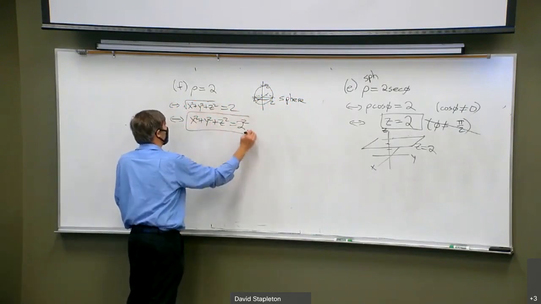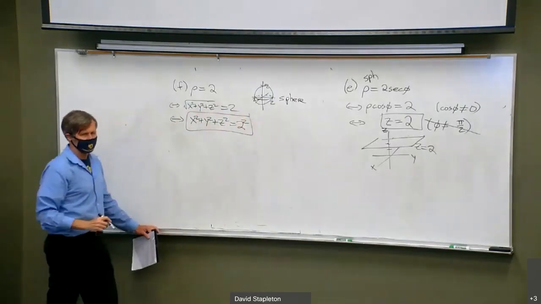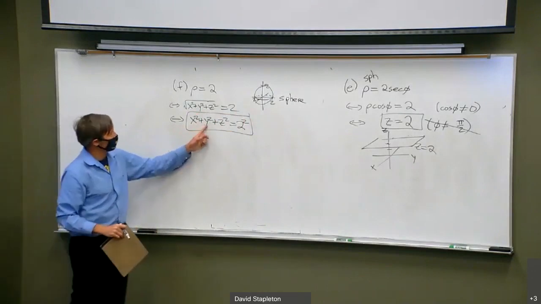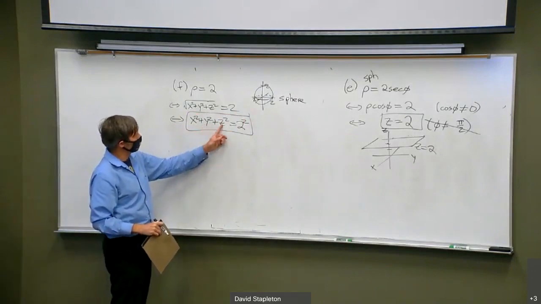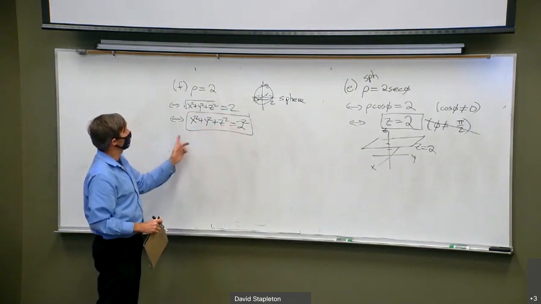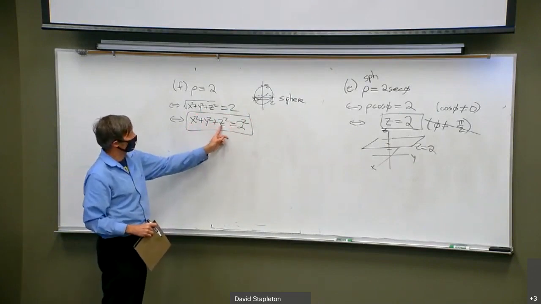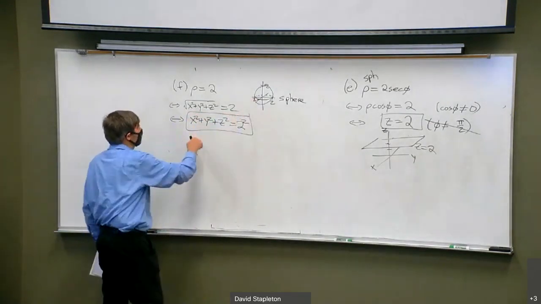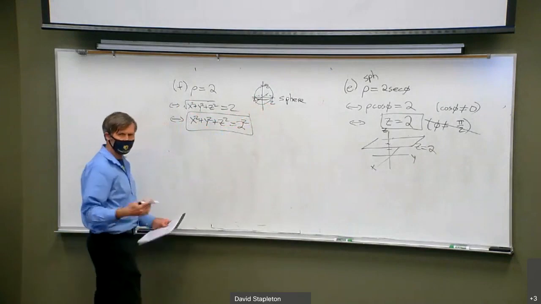The standard equation for a sphere. Remember we did spheres a while back. X minus x0 squared plus y minus y0 squared plus z minus z0 squared equals r squared is a sphere of radius r at x0, y0, z0. So this is a sphere at the origin of radius 2. Right? And there it is. So this converts the equations. This is what we knew intuitively anyway. You want to be able to do it.